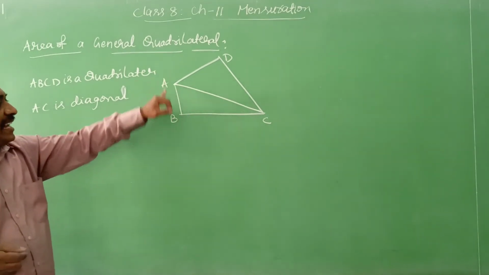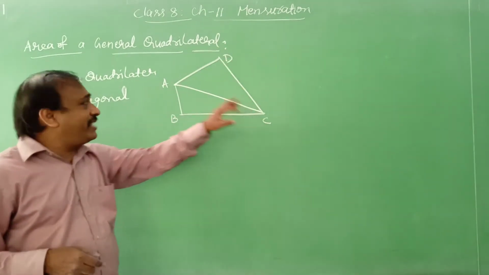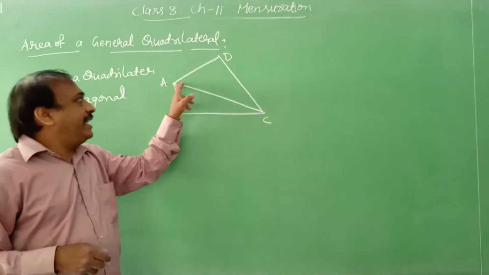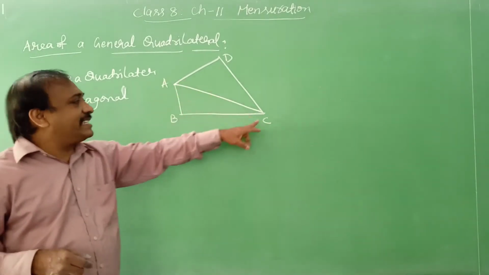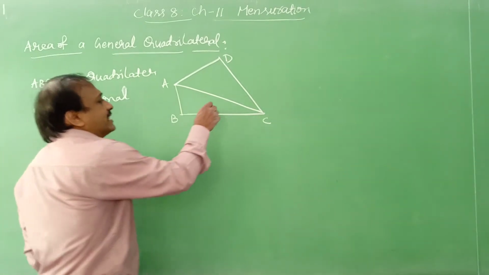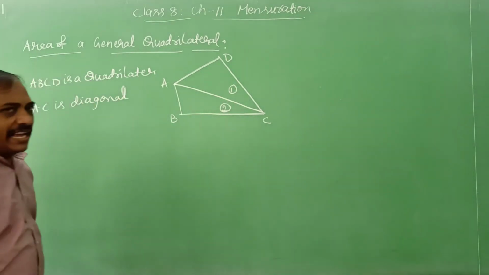One is triangle ABC and the other is triangle ADC. We have 2 triangles: triangle 1 and triangle 2.